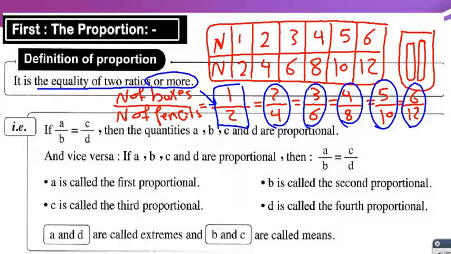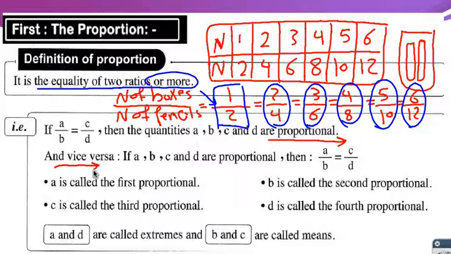Yes. Okay. If A over B equals C over D, then A, B, C, D are proportional, and the vice versa is correct.